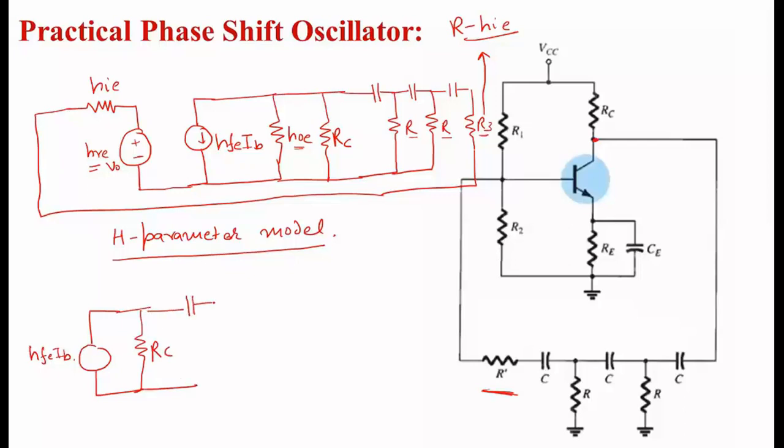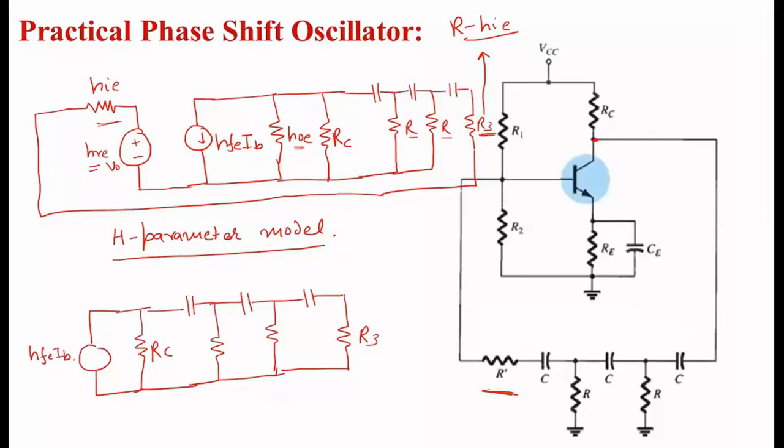Here we have capacitor, resistor R, capacitor, resistor R. Also here we have the capacitor, and here we have the resistor R3. So we can understand that if this R3 is R minus HIE, and this resistance is coming in series with this, it will become R3. We can write it as R3, which is R minus HIE.